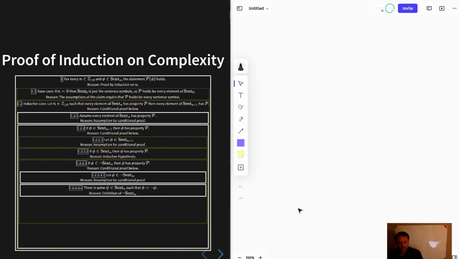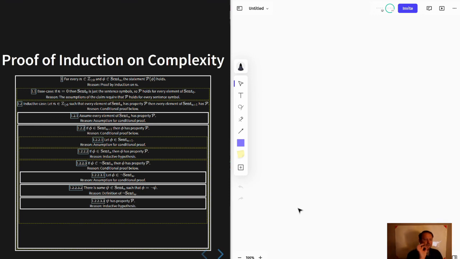And what's the immediate consequence of that fact? Well, there must exist some psi in sent n such that phi is negation psi. That's just the definition of phi being in negation sent n. Now psi is in sent n, therefore psi has property P.